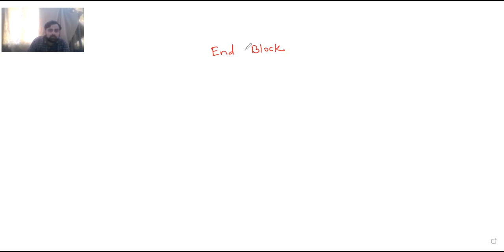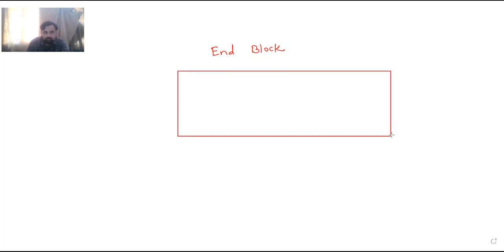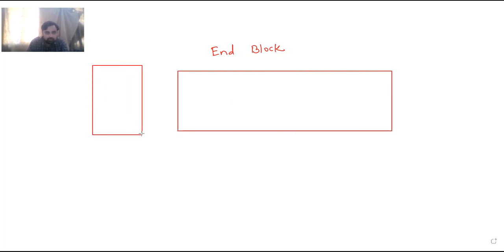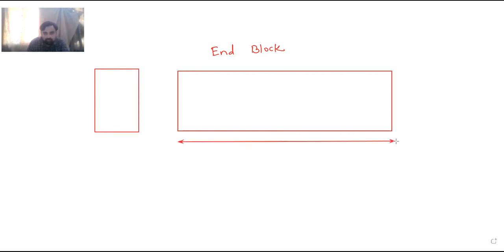Okay, so in short, if I want to tell you what is end block, suppose this is the beam, and this is the cross section of the beam. Suppose the length of the beam is L, this is the total length.